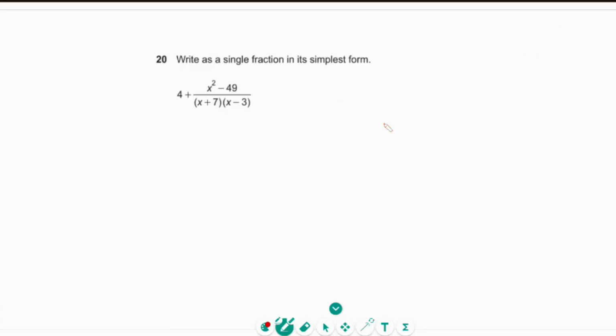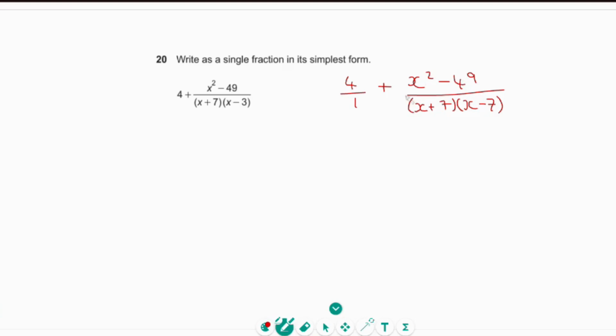Okay, last question. Write as a single fraction in its simplest form. So first of all, I'm going to put the 4 over 1 to make it a fraction. With algebraic fractions, I suggest you factorise where you can first.